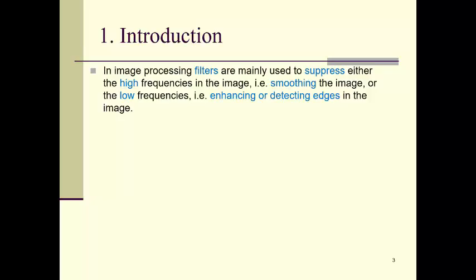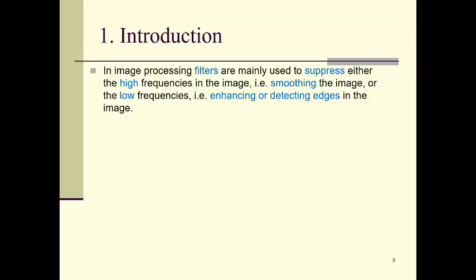So this one is used for smoothing and for noise removal as well. This means that it will remove the high frequencies and it will keep the low frequencies. Or I have a high pass filter. So in this case, I am interested in the high frequency components. And this can be used in order to enhance the image by increasing its contrast, or by detecting the edges, like for example the one that we have used with Kami.